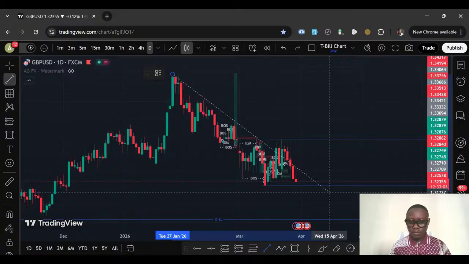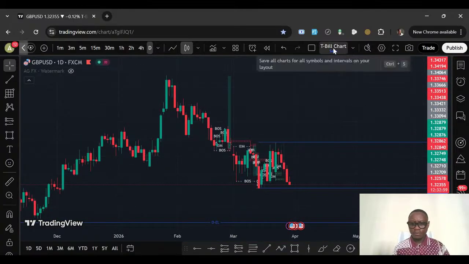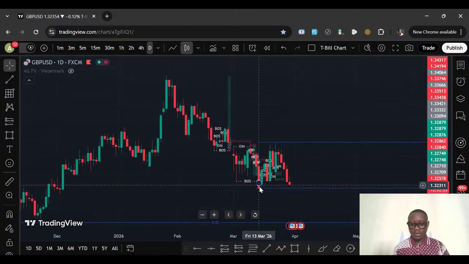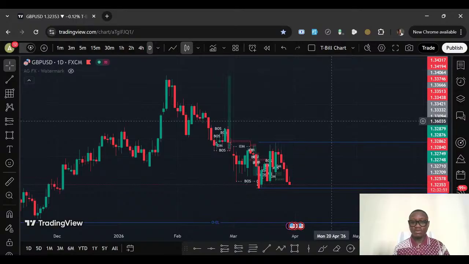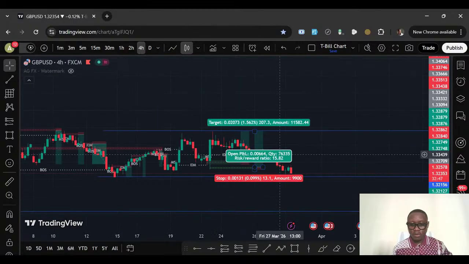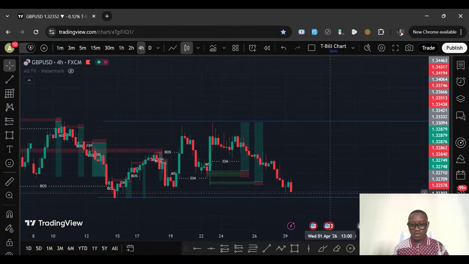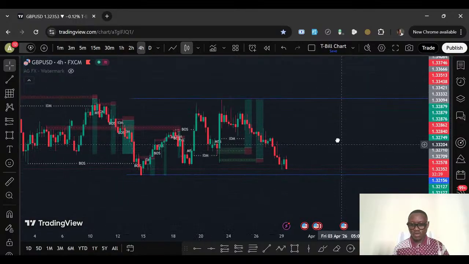So basically, we are looking for sell opportunities. Since we are bearish, we expect this low to be taken out, right? So let's drill down to the 4-hour time frame for a clearer price action, so we can identify zones where we can probably join this bearish move.